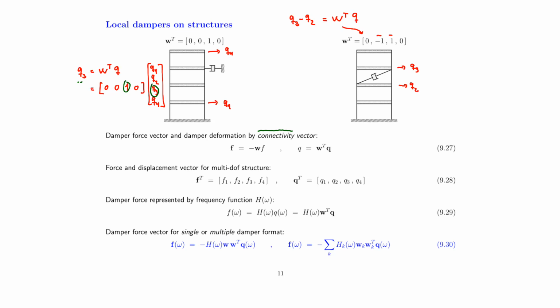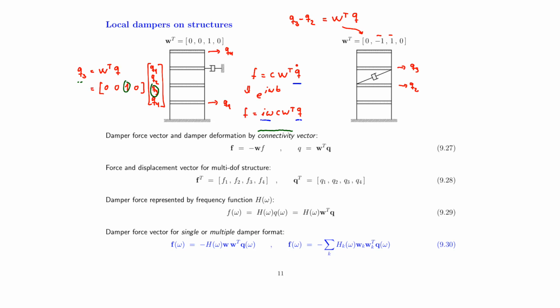So our actual damper force, F, if it's viscous, is then given by a viscous coefficient times the connectivity vector times the displacement, or the time derivative of our displacement vector. If we go into the frequency domain, that means we assume harmonic motion by this complex exponential function, then F actually becomes equal to I omega C W transposed times Q. We had this for the cable, that a time derivative in the frequency domain can be written by I omega times the corresponding displacement vector.